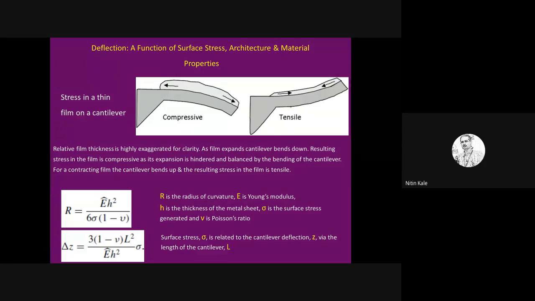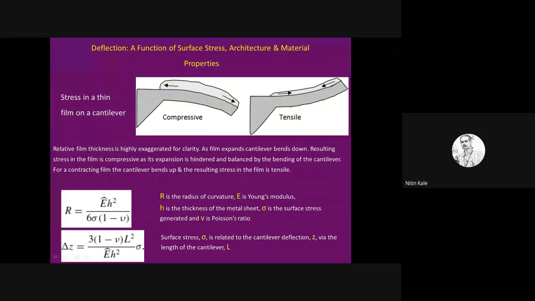For example, it depends on the Young's modulus, the thickness, and the Poisson ratio. There could be some more things in the equation, but it also depends on the surface stress. So if you can measure the radius of curvature, you will find out the surface stress between the antigen and the antibody.